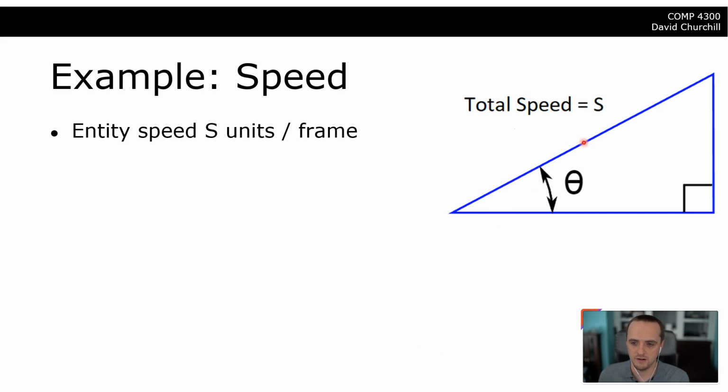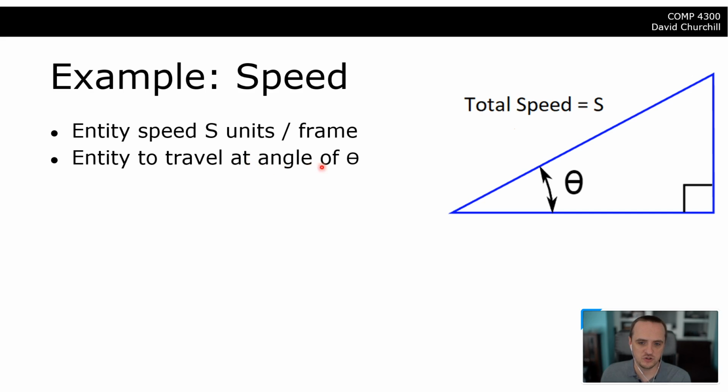So over here, the speed is going to be equal to the hypotenuse of our right triangle. Maybe we have the entity traveling at an angle of theta, right here. The radius of our circle, or the hypotenuse of the right triangle, is s.